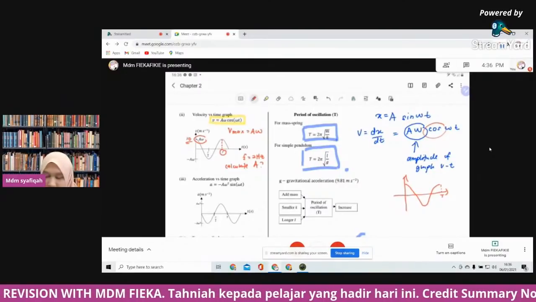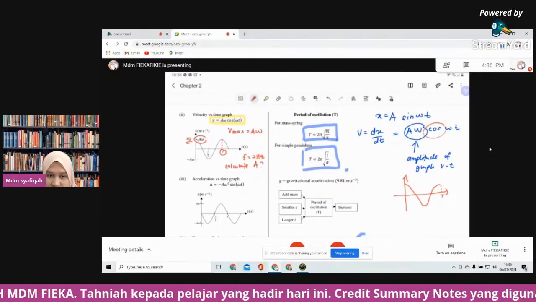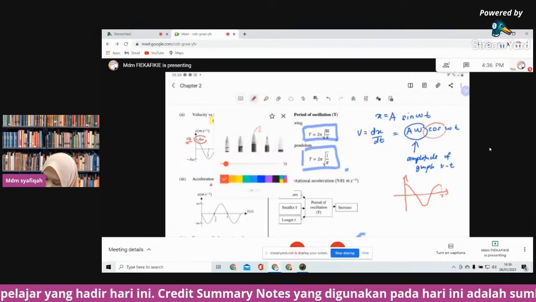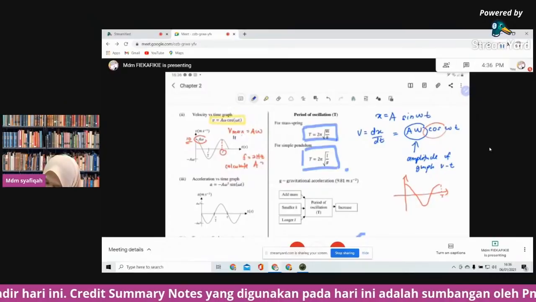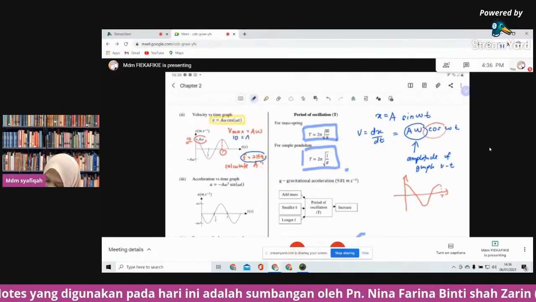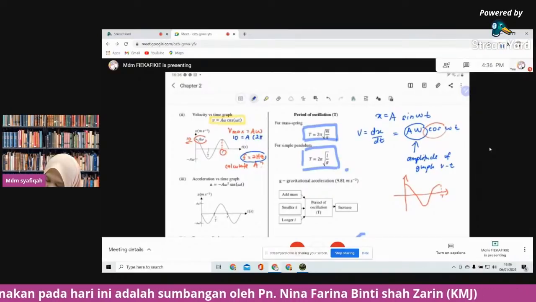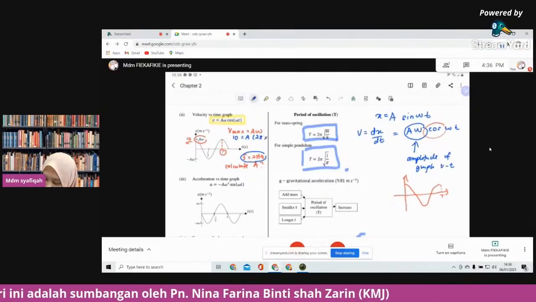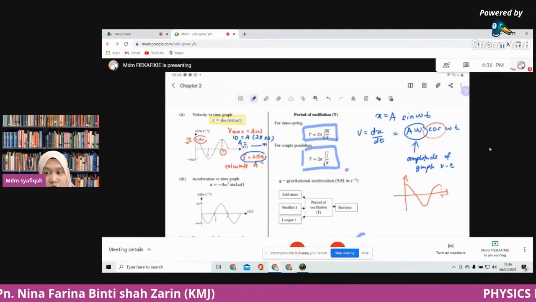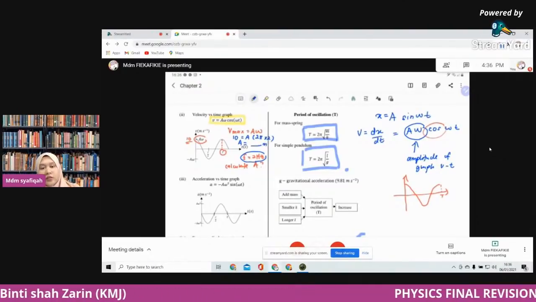Okay? Tapi dia bukan maximum displacement A. Okay? So now, since V maximum is 10 and frequency is given 2 Hertz, then you can find 2 pi f. Omega is 2 pi f. So baru you boleh cari A. Ingat ya, you tengok betul-betul graf tu graf apa.